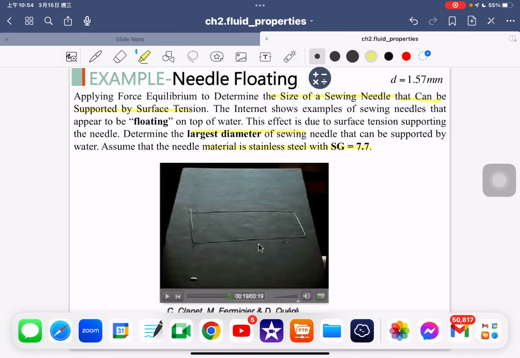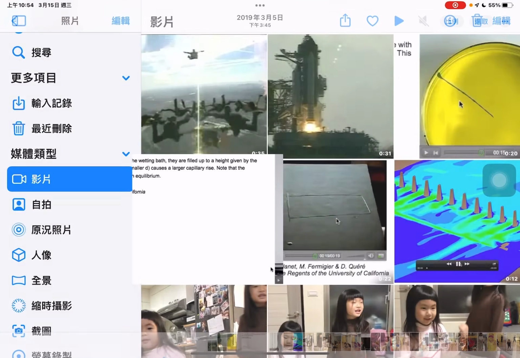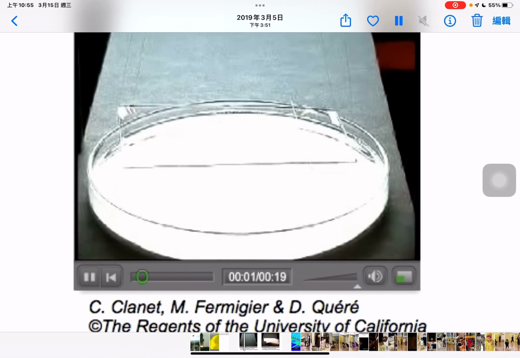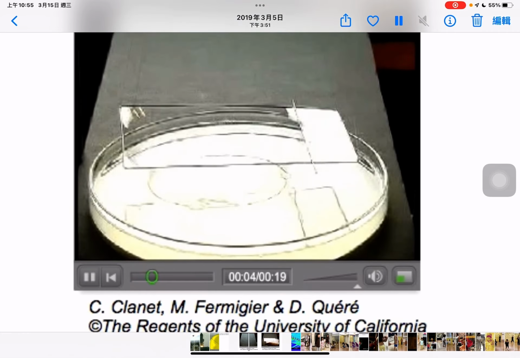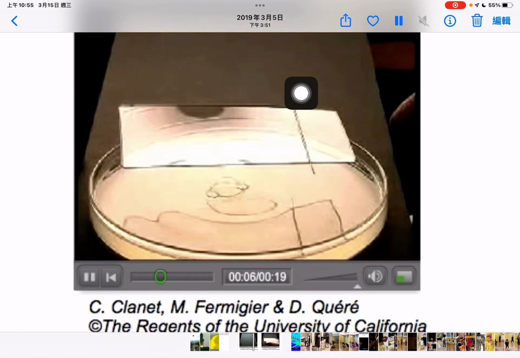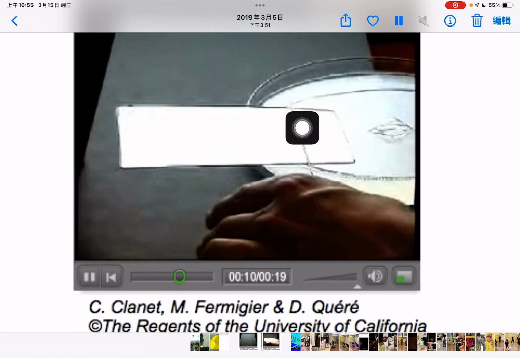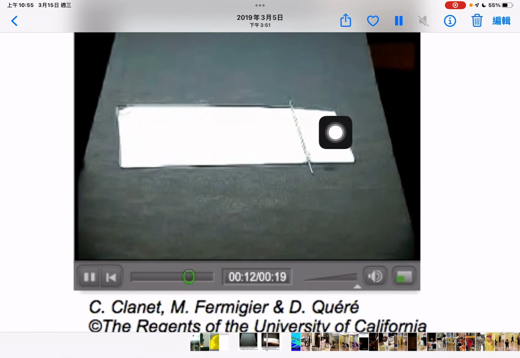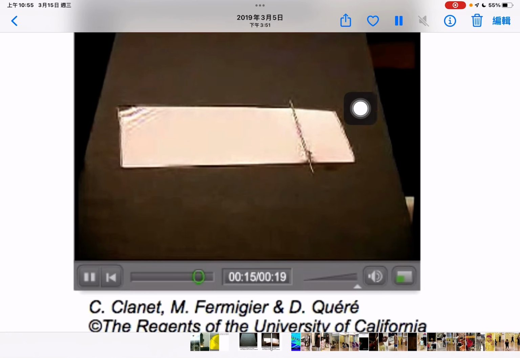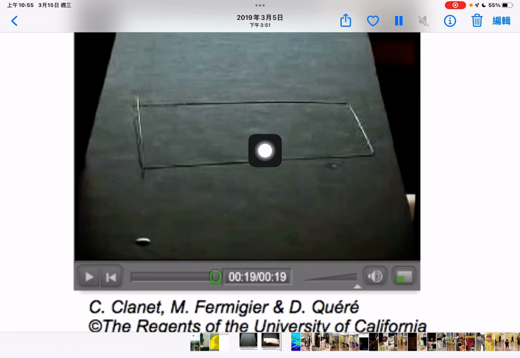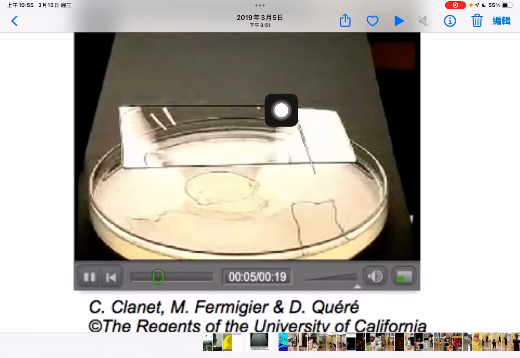You can go back to see we have a video showing that if we put the stainless steel here, you can see it is floating on the water. But some people use a finger to break the balance, just break the force balance, and then the water will flow outside, and then the needle will drop.